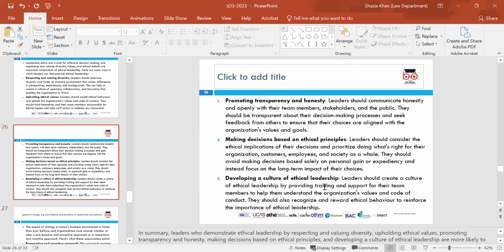Developing a culture of ethical leadership: as we mentioned, ethical leaders are the cornerstone of a workplace culture, ensuring that ethical considerations are at the forefront of every decision. Ethical leaders must ground themselves in leadership ethics and moral principles that favor right over wrong, fairness over inequality, integrity over deceit. They should be fair, as we said, with trust and communication, respect, humanity, and integrity.